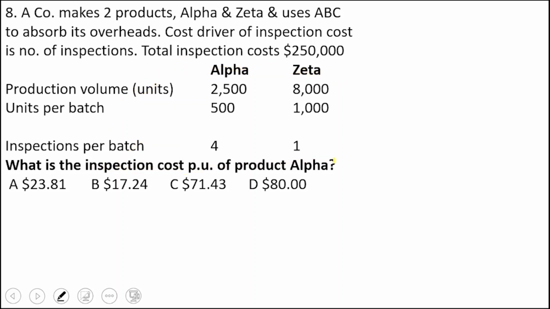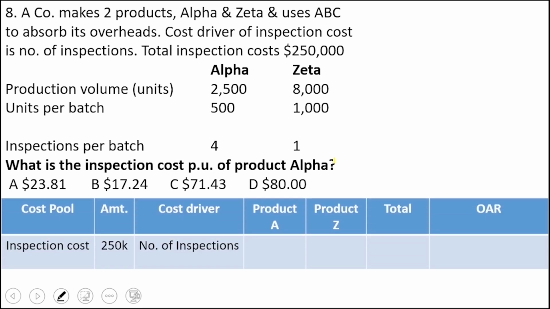So we will copy the format of ABC. So the cost pool is the inspection cost and the amount given in the question is $250,000 and the cost driver is the number of inspections. Now we have to find out the number of inspections for product A and product Z. The number of inspections, is it directly given in the question?